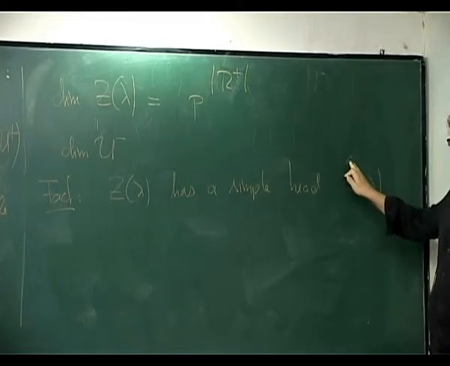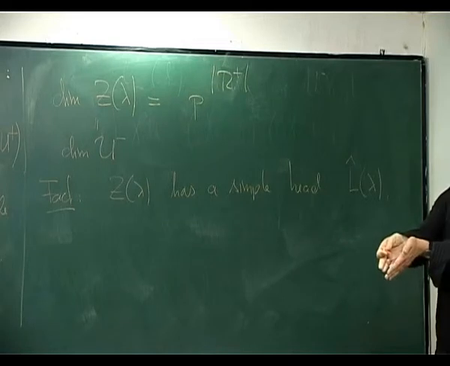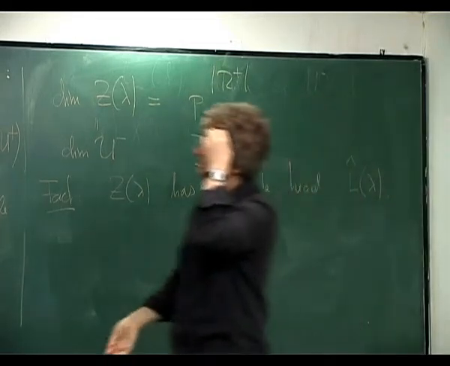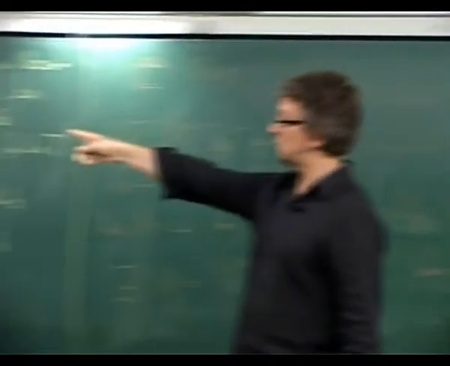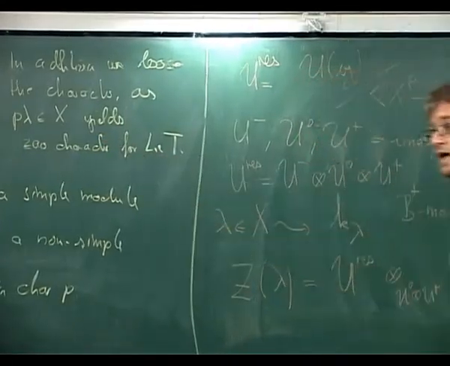L hat lambda is the simple module with highest weight lambda for the Lie algebra. So at the moment there's no immediate connection between L of lambda and L hat of lambda.